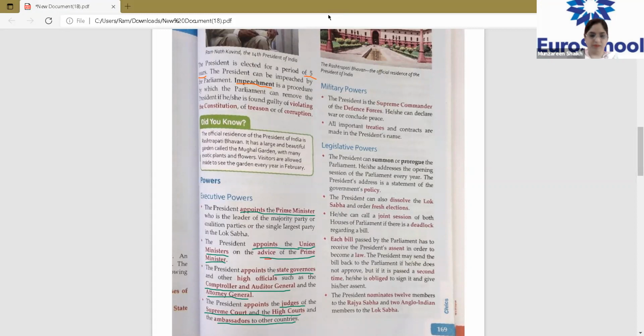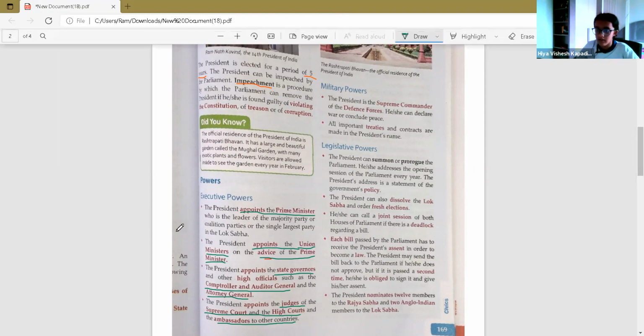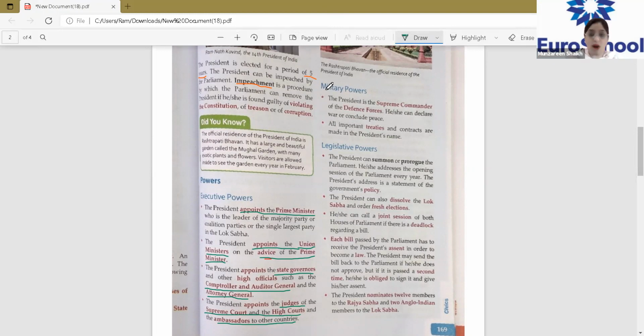Third, he appoints the state governors and the high officials like the auditor general, comptroller, and attorney general. And then he appoints the judges of the Supreme and High Courts as well as the ambassadors to other countries. Yes.